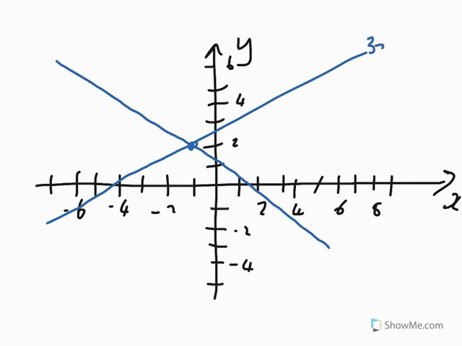So that one's 3x minus 4y plus 11 equals 0. And this one's 3x plus 4y minus 5 equals 0.